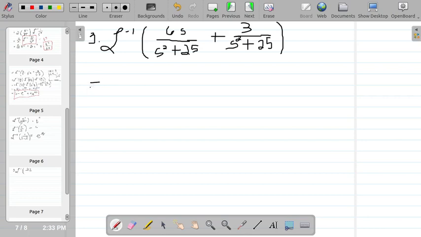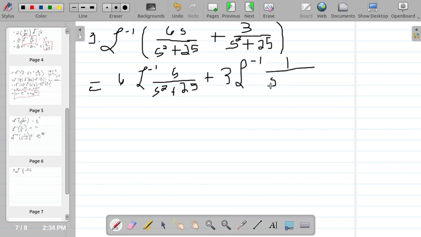To solve this, we factor out the constant, which is 6, then the inverse transform of s over s squared plus 25, plus we factor out 3, the constant, then the inverse Laplace of 1 over s squared plus 25.